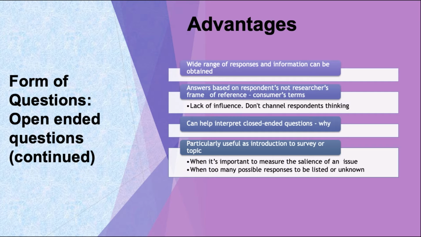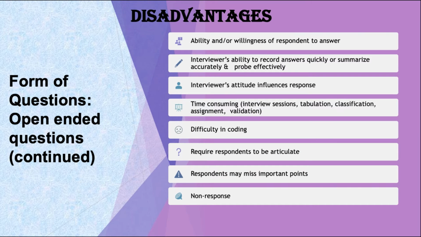For example, it is important to measure the salience of an issue, the quality of being particularly noticeable or important, prominence. Also when there are too many possible responses to be listed.